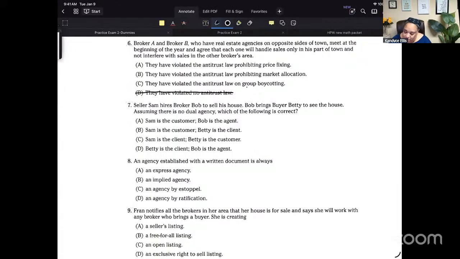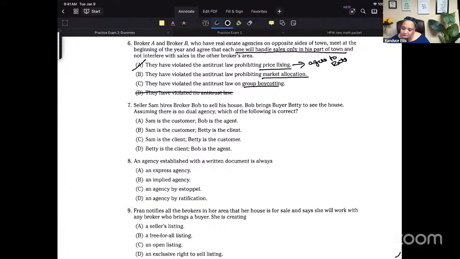But the question is, are they violating group boycotting, are they doing market allocation, or are they price fixing? Well, price fixing would be them saying, hey, let's agree to a rate. And that's not what they did in this one. They said each one will handle sales only in his part of town. So that's not price fixing.